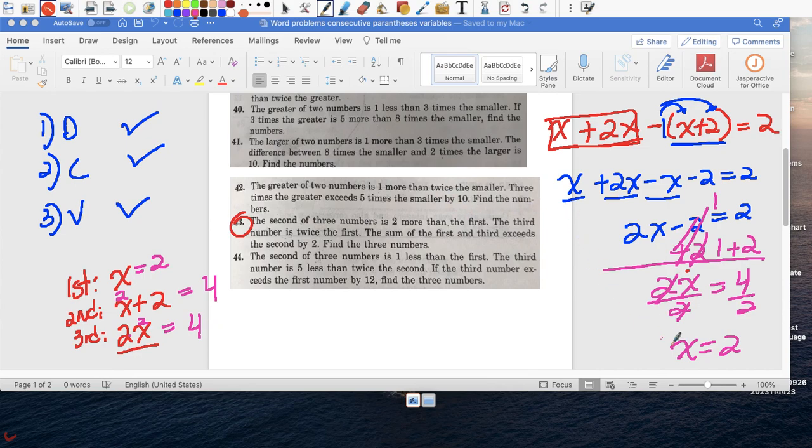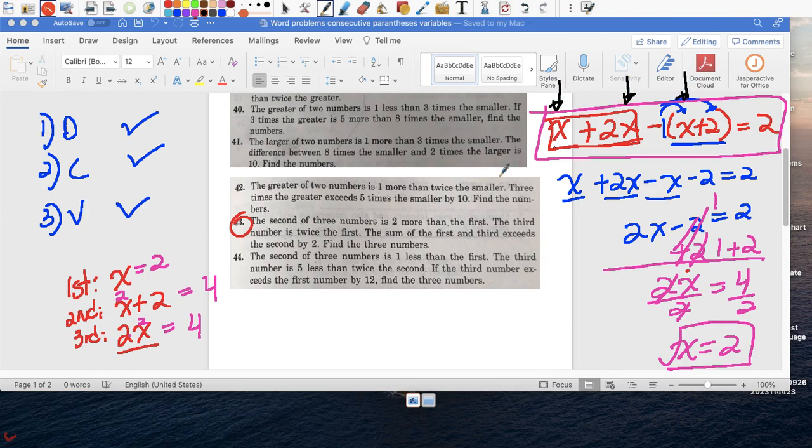I'm going to replace this in my original equation, which is this guy over here, and just see if my equation stands true. So wherever I see x, I'm going to replace it with 2. So I get 2 plus 2 times 2 minus 2 plus 2. And that should give me 2. Order of operations, let's do 2 plus, and I can actually multiply these.